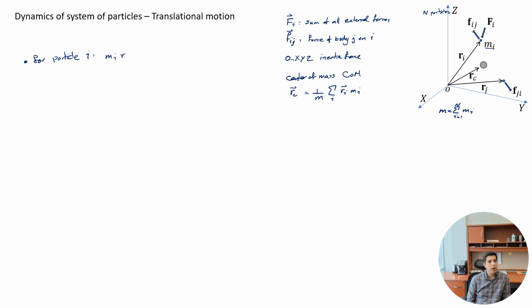We have mi ri double dot equals the sum of forces: the external force plus the sum of all internal forces Fij. All j particles exert some force on i, and we are summing those, and that is the total force. So that is for one particle.